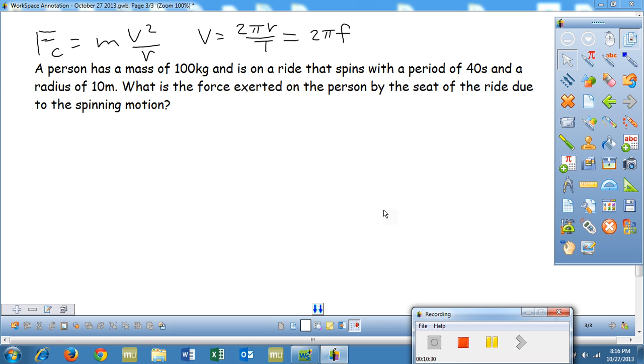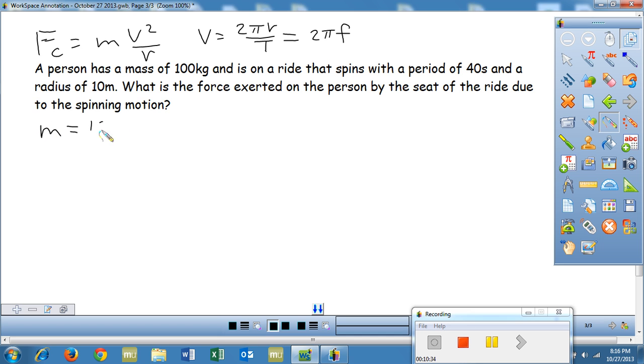Okay, a first step is usually a good idea to write down your givens. We've got m equals 100 kilograms, T equals 40 seconds, R equals 10 meters.